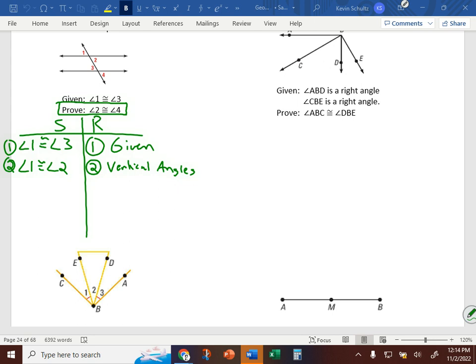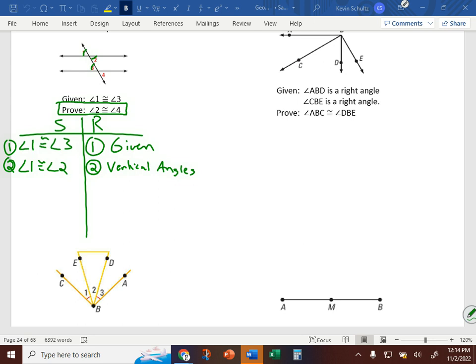We were told that angle 1 is congruent to angle 3. And now we've also concluded that angle 1 is congruent to angle 2. Alex. Yes, you do need to keep track of what the steps are. Is that what you're asking?